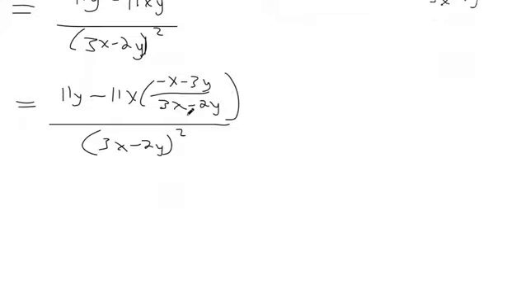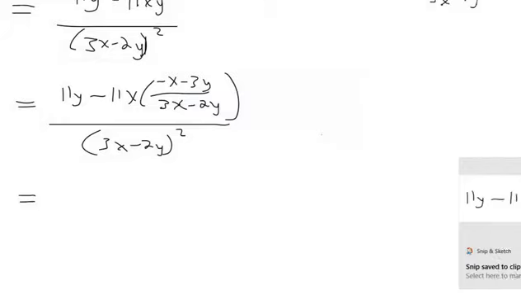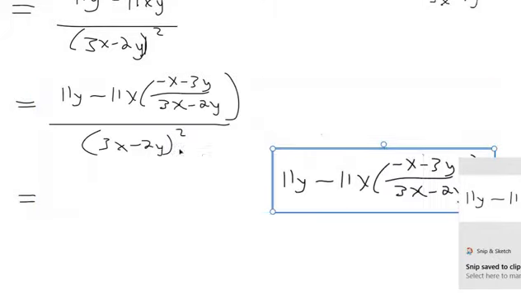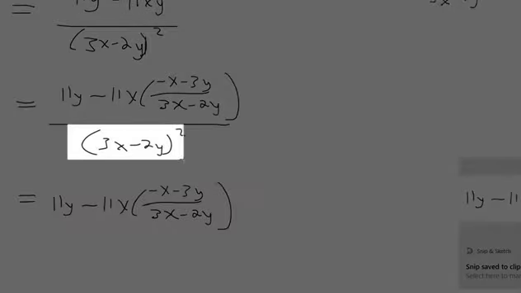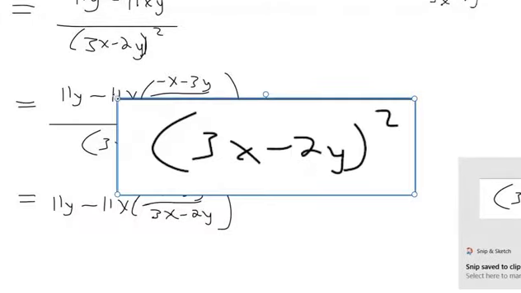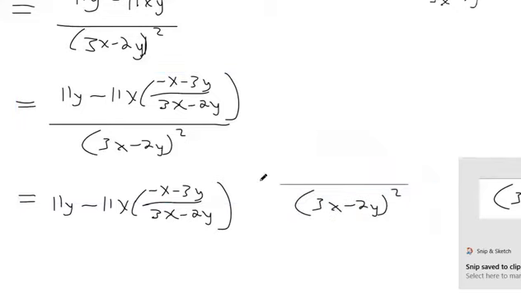Now, it might look hopeless because you're like, I've got fractions on top of fractions, but check it out like this. Here's the numerator. Here's my denominator. And so what I'm doing is dividing it by this part, right?